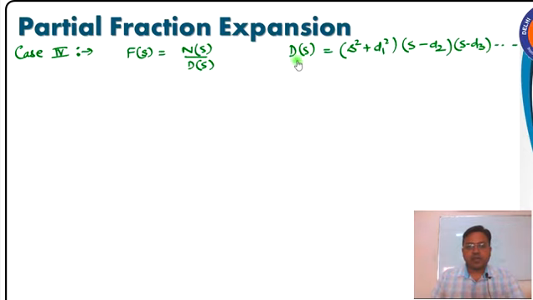That is, in the factors of ds we have a second order term here. All others are first order terms and there is no multiplicity, but we have a second order term here.